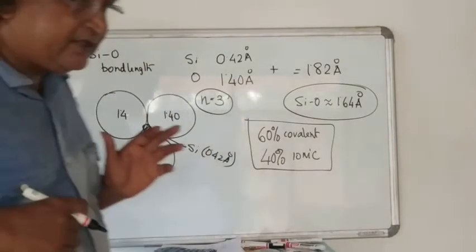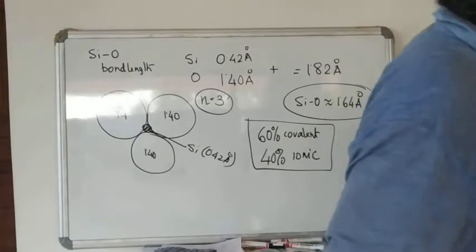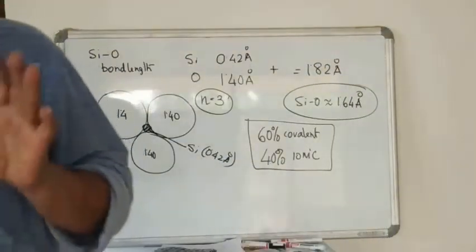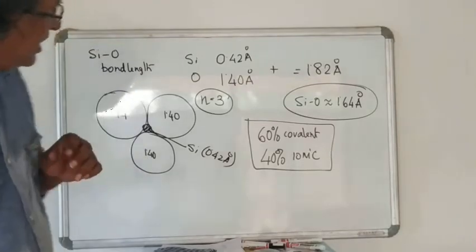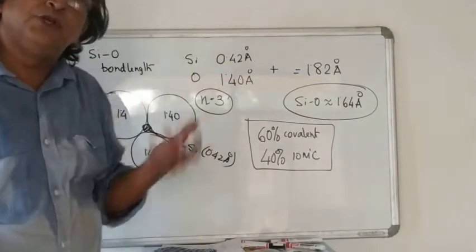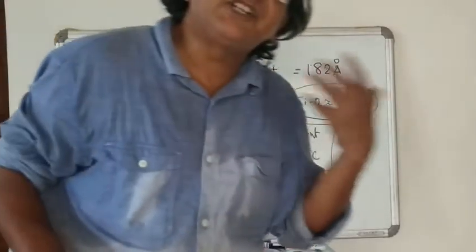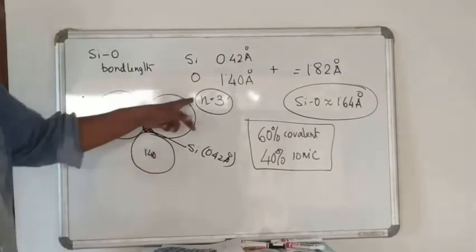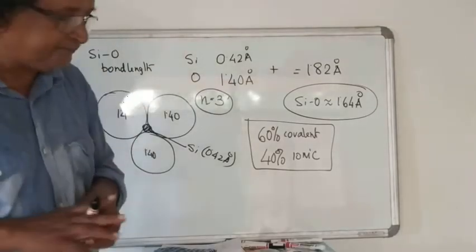I'm sure that some of you would recollect what I'm talking about. This is about Linus Pauling, a recipient of 2 Nobel Prizes, who was talking about bonding and coordination number. In this very case, N is equal to 3.